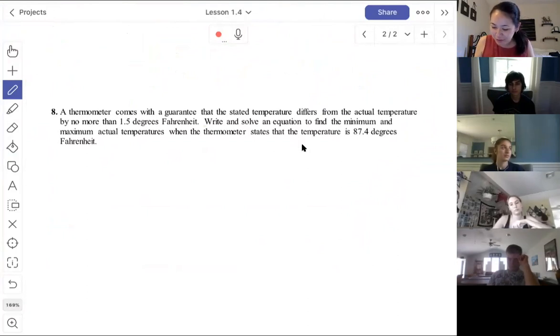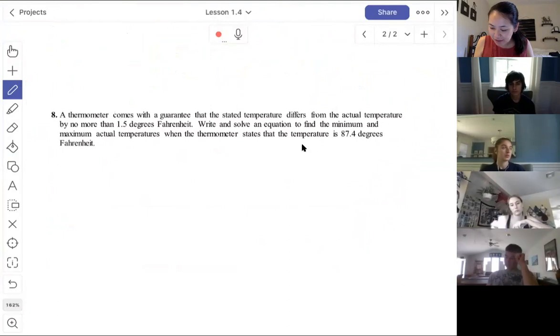So we want to write and solve an equation to represent the situation. Okay. So go ahead and just put down what you guys would put, and I'll put down what I would put, and let's see if we match. All right, so just the equation.